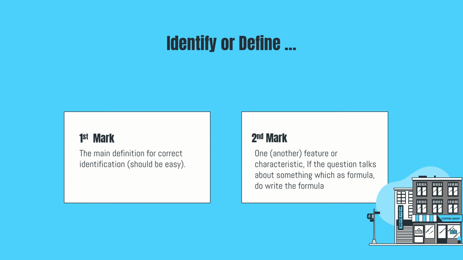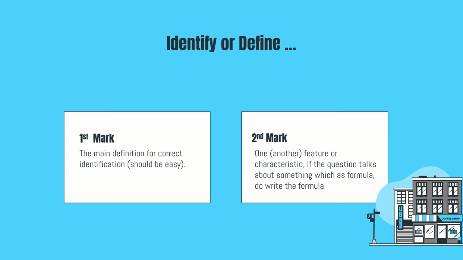The second mark that you will get is for explaining further one characteristic or one feature of the main point, for example, total revenue. One more feature that you can give is the formula for that same thing, or you can define another feature. For example, define contractual saving.